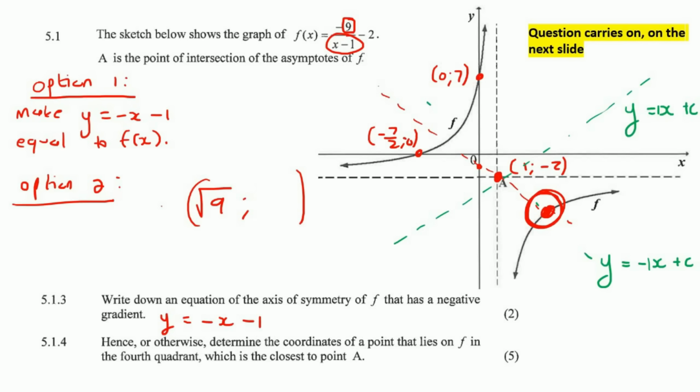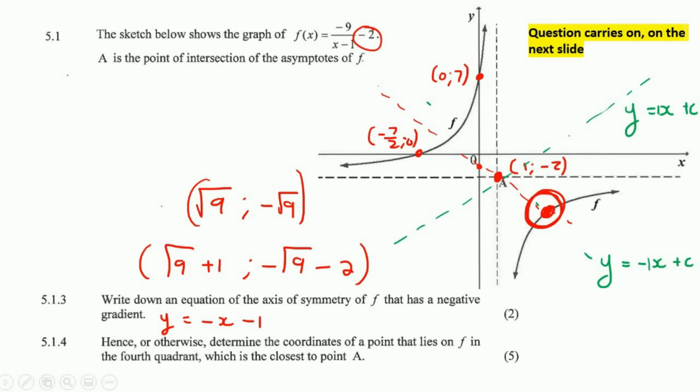So we're going to make it the negative y. The x, we can keep it as positive. Next, we need to modify it. This thing has moved one place to the right, so I need to add 1 onto that. And then it's moved 2 places down, so I need to subtract 2, like that. And so if we had to go work all of that out, we should end up with 4 for this part, because square root 9 is 3, and then this would end up being minus 3 minus 2, which is minus 5.